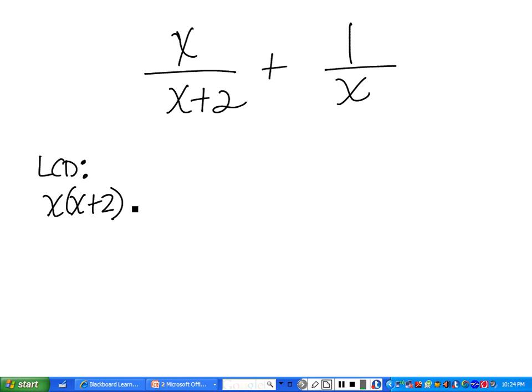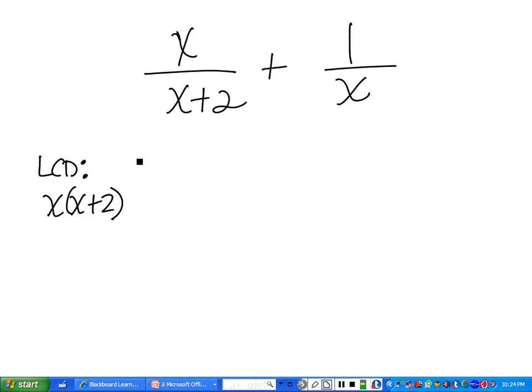Okay, so the factors for the LCD are both of these factors, because you can't multiply anything times x to get x plus 2. Therefore, the LCD contains both of these distinct factors. So how do I get x plus 2 to look like x times x plus 2?